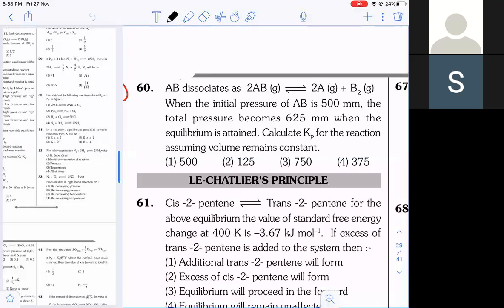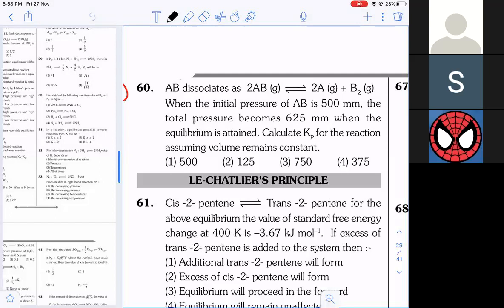Yes, Charu, can you do this question? Nikhil, what about you? Sir, doing. Okay.